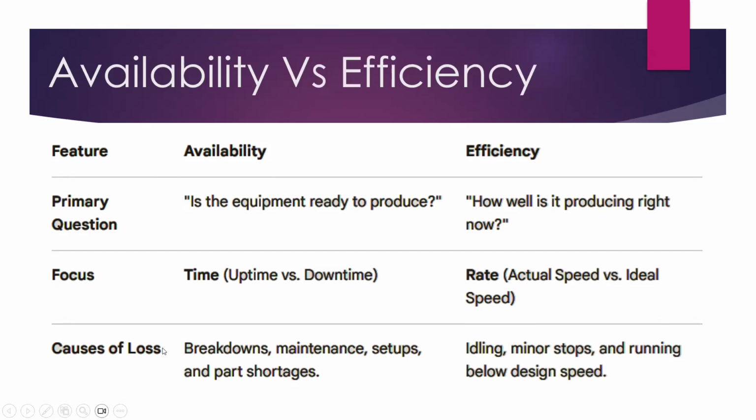Causes of loss in availability include breakdown time, maintenance time, setup time, and part shortages. Whereas causes of loss in efficiency include idling, minor stops, and running below design speed.